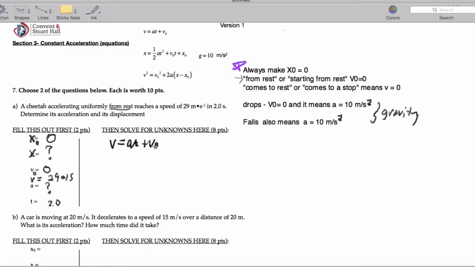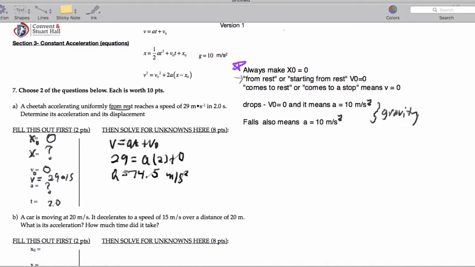So 29 equals a times 2 plus a starting velocity of 0. So a is going to be about 14.5 meters per second squared.